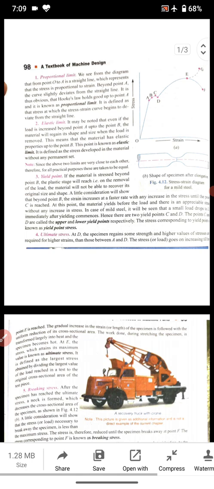It is defined as the largest stress obtained by dividing the largest value of the load reached in the test by the original cross section area of the test specimen.